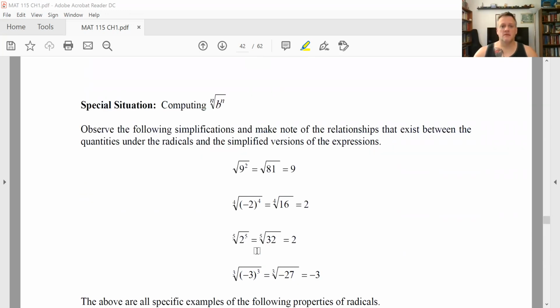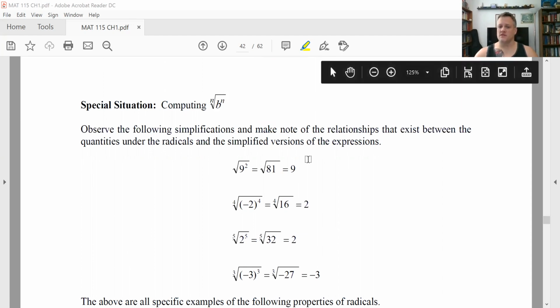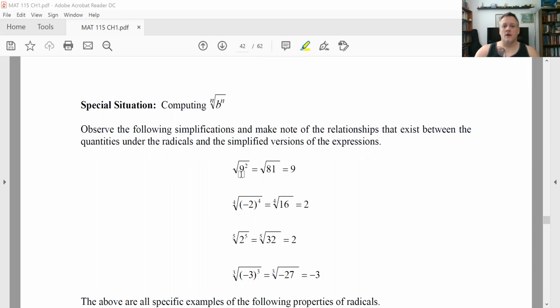All right, so some special situations here that often arise when you're trying to simplify radicals. So if I take the nth root of something to the nth power, let's look at an example just to conjecture what ought to happen here. We know if I took the square root of 9 squared, well, 9 squared is 81, and we already know the square root of 81 is 9, right?